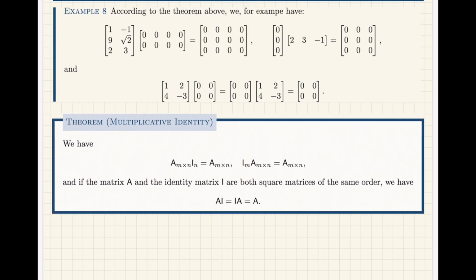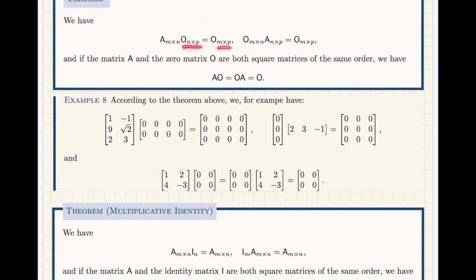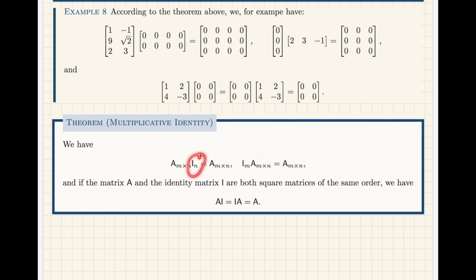But there is a difference here. Zero matrices can be rectangular matrices, but identity matrices by definition have to be square matrices. But in any case, if the product is defined, this product gives you the same matrix back.